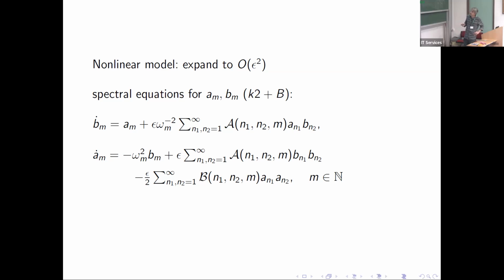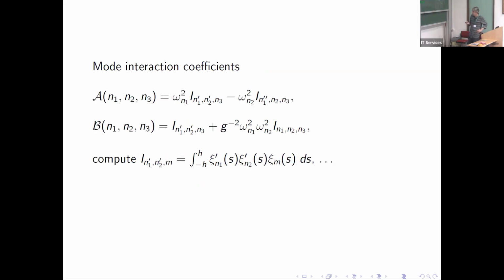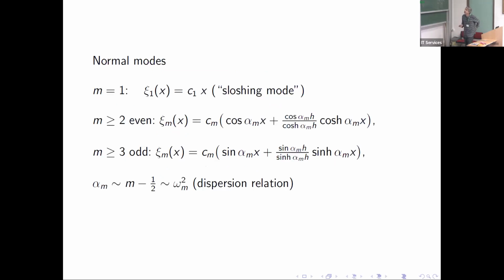Here is the linear part, which, as you can see, is diagonalized, and this is the classical work. Here is the new system. You have mode interactions and some coefficients that depend on integrals of these normal modes, as usual, only more complicated.